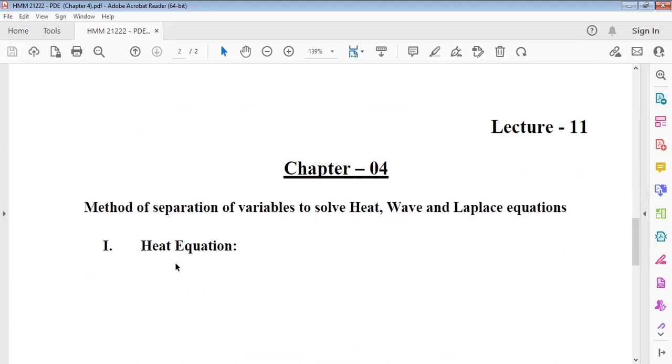First of all, we're going to see the heat equations. I will use my whiteboard to write. So first of all, we're going to solve our heat equations.